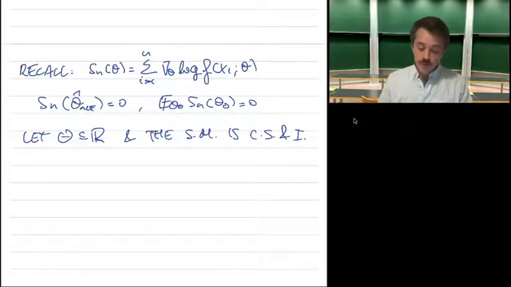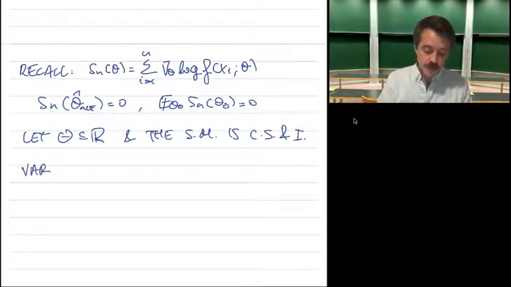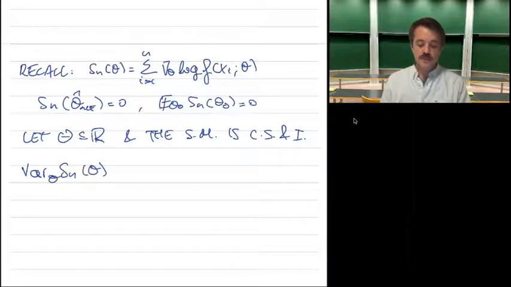Having this, what I want to look at is the variance of this score function, and we'll see in a second why. So the variance of the S_n at some theta, under the same theta, they coincide.